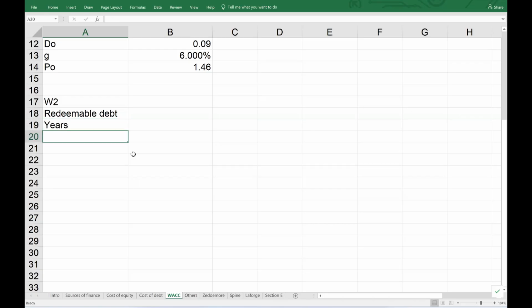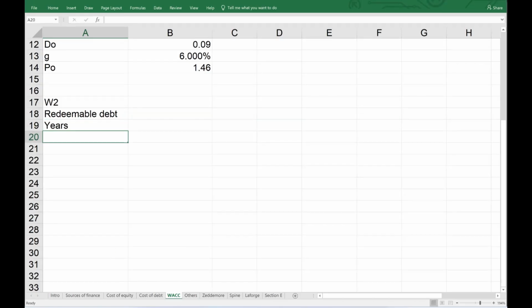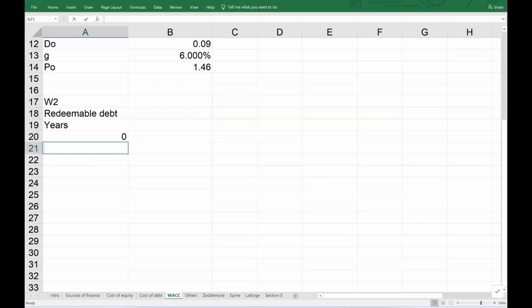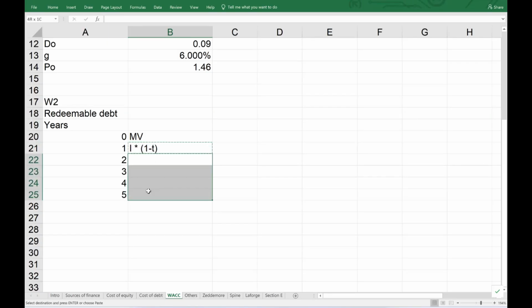Years: how much life? 5 years. 0, 1, 2, 3, 4, 5. Market value today. Interest multiply by 1 minus t. Don't forget to do 1 minus t. And last year, don't forget to add redemption value.